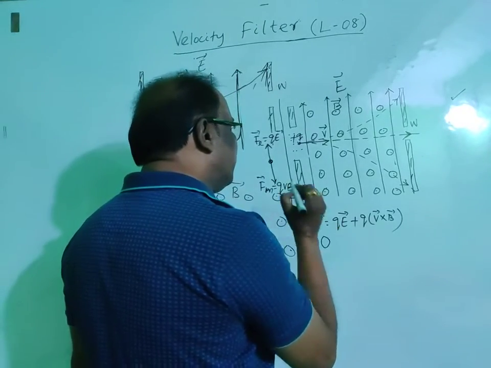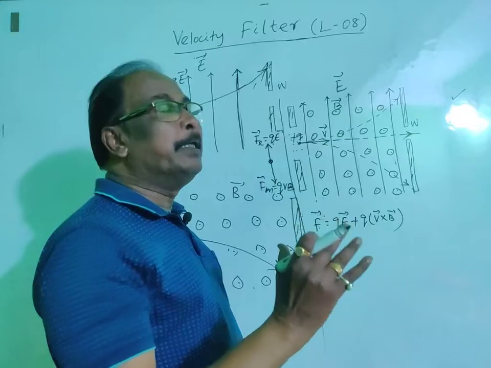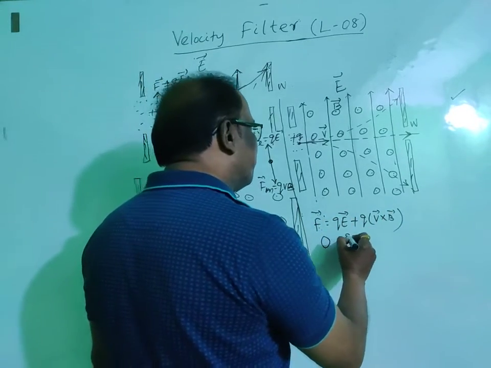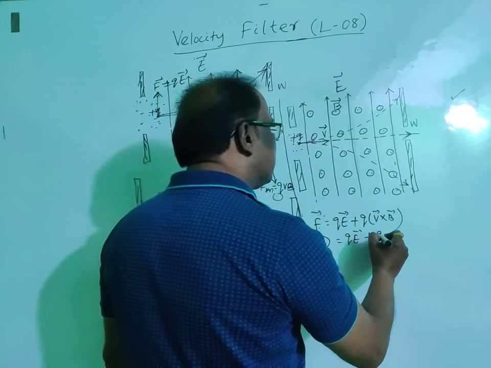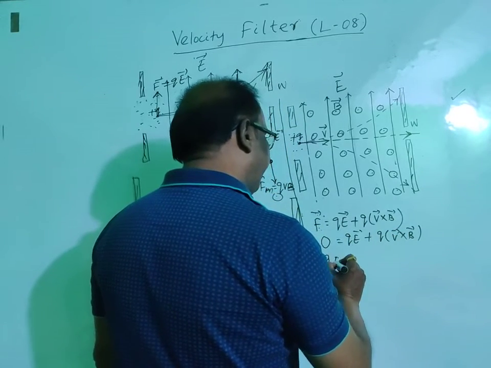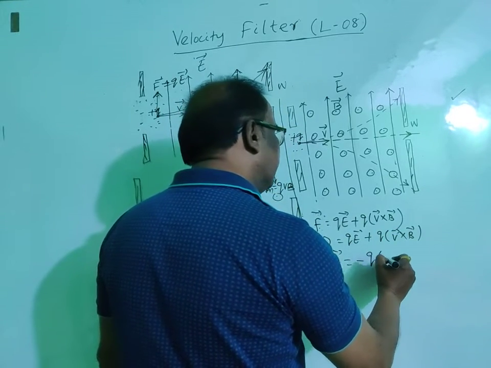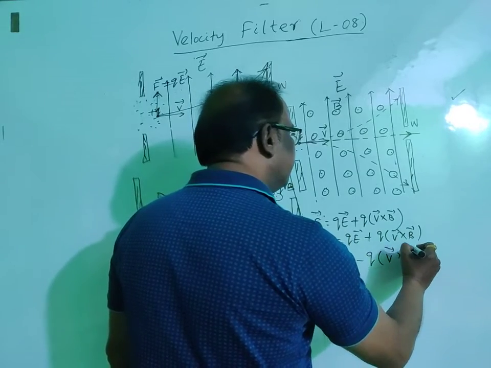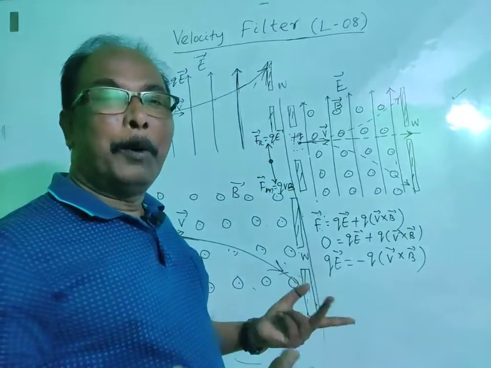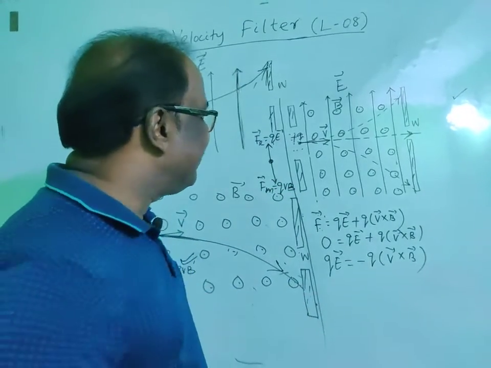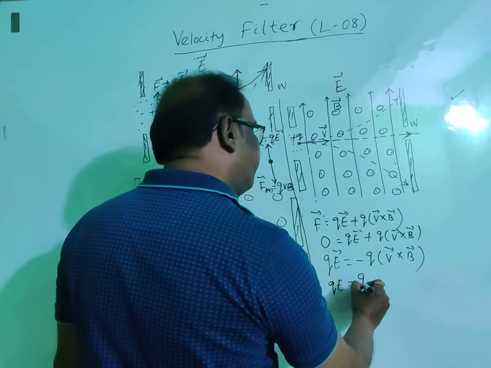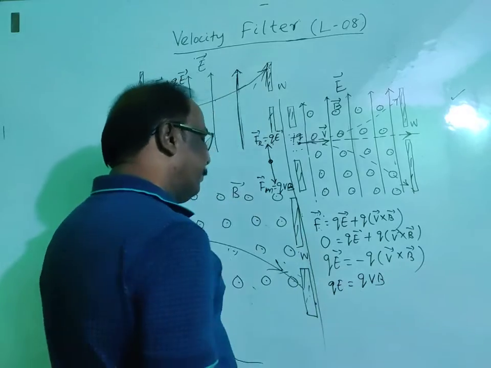So the resultant force is the Lorentz force. Lorentz force means the combined force due to electric field and magnetic field should be zero. So that equals QE plus Q V cross B. Then QE is equal to minus Q V cross B. The negative sign implies that the forces are opposite, and if you take magnitudes, it is QE and QVB.